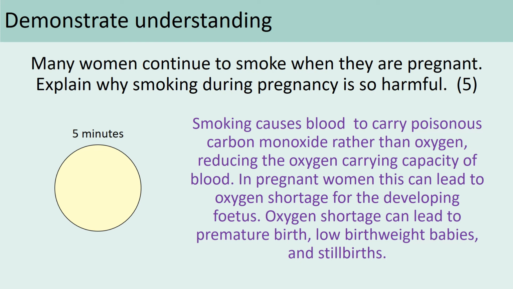And then if you gave some of the effects, so if you said that can cause premature birth, that would be a mark. If you said that it can have reduced weight of the babies or words to that effect, then that would be a mark. Or if you said stillbirth, that would be a mark. You might have mentioned some of the other ones that we had on the slide, which all would be relevant and marks involved for that.